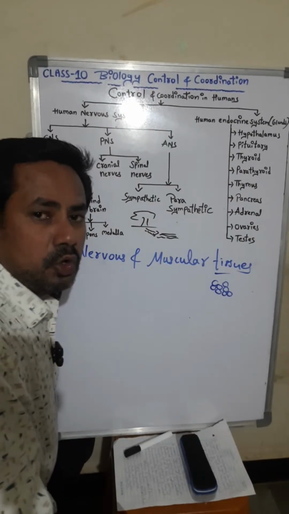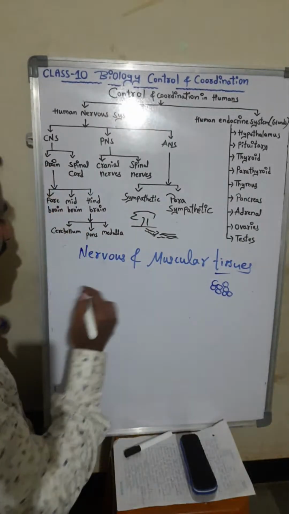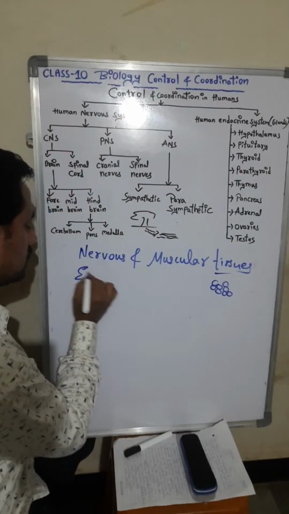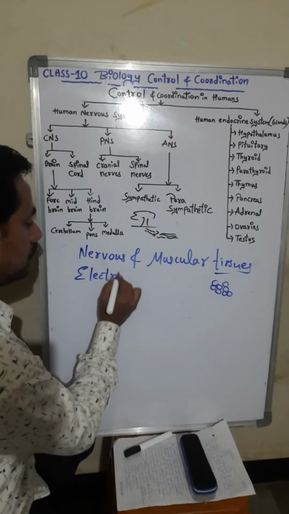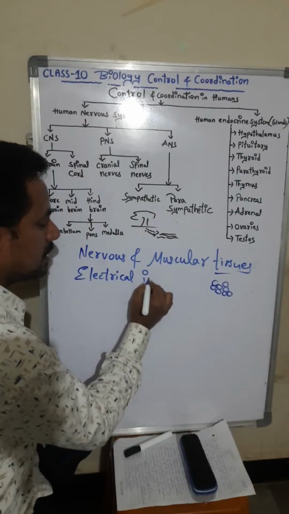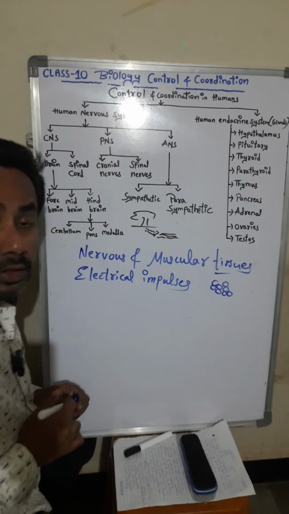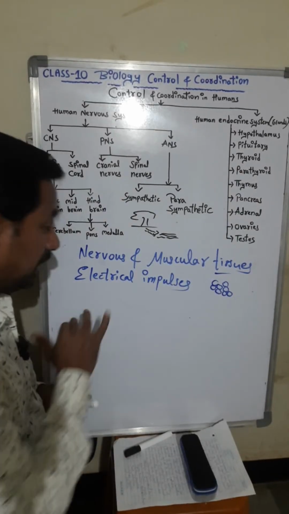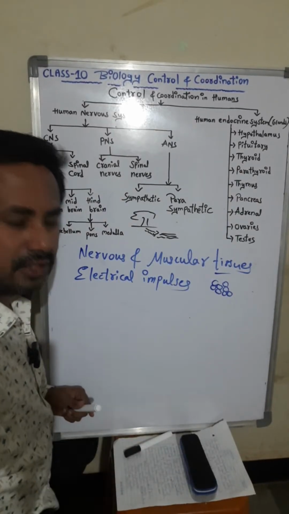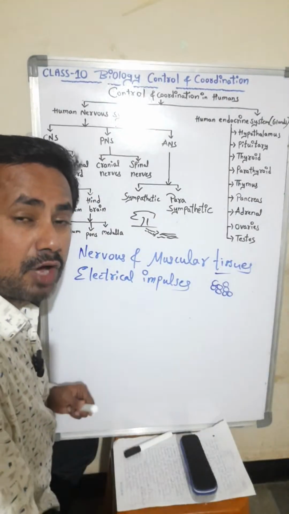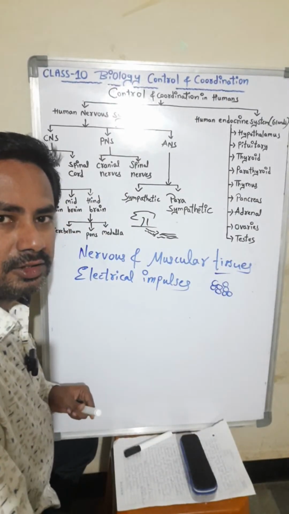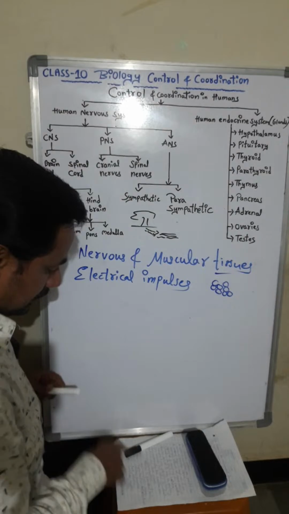So, how will the message go? In the form of electrical impulses. Impulse means what? Message. In the form of electrical impulses, like current in our body, the message is sent from one part to another part. Okay, fine.